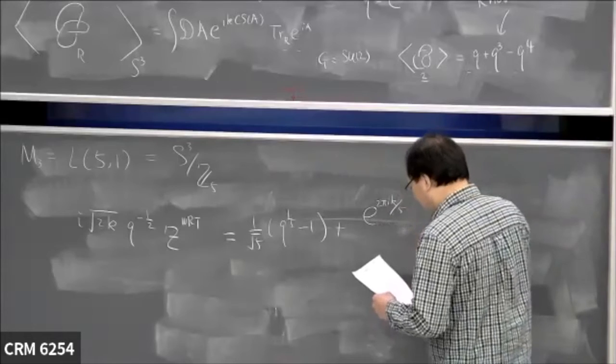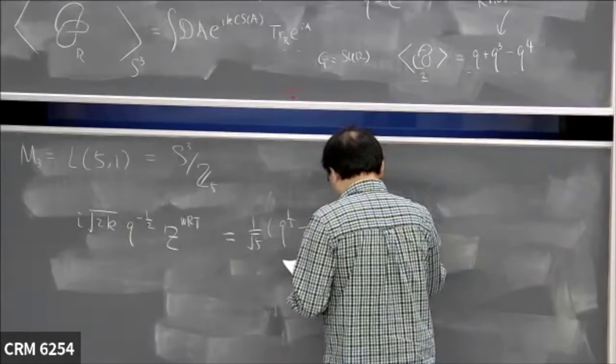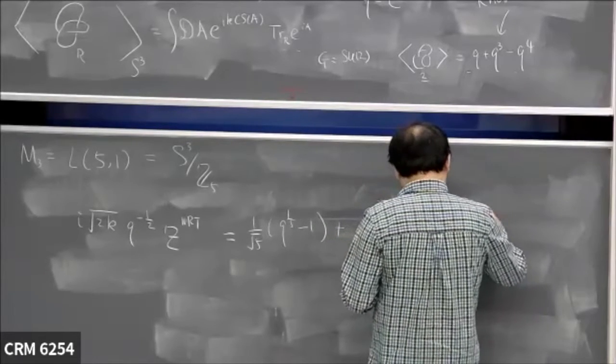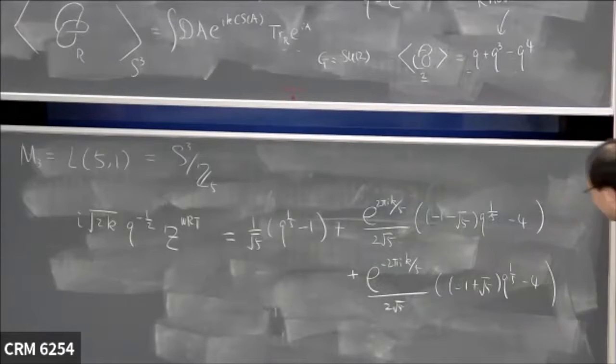So for this, you will not be able to write it in terms of q easily. And then some irrational coefficients appear again. You get the idea.